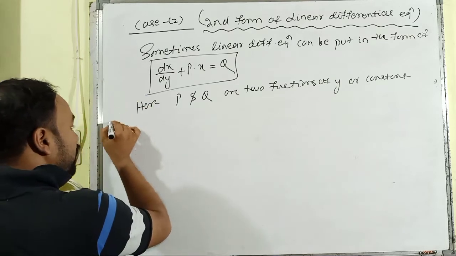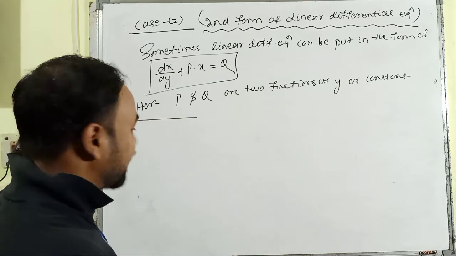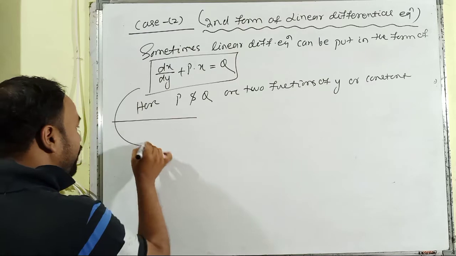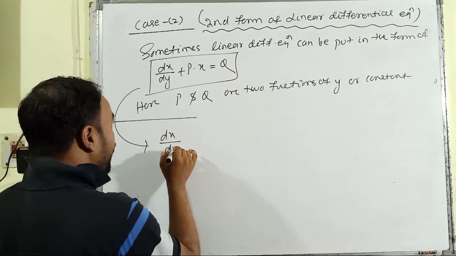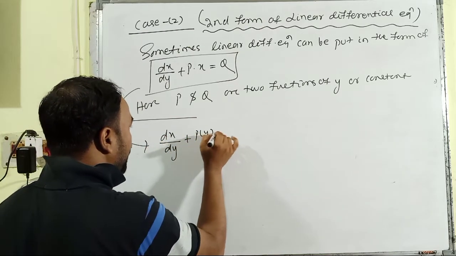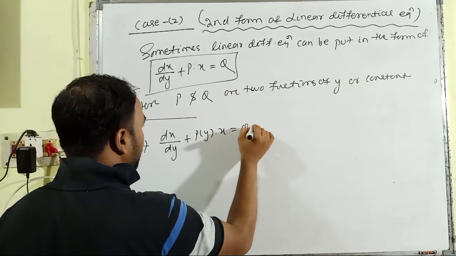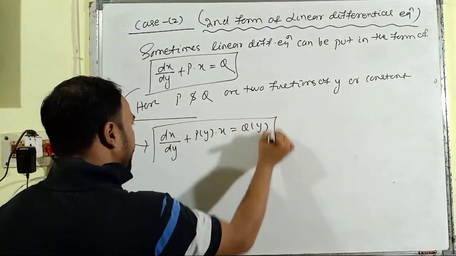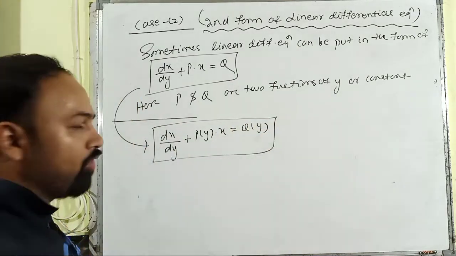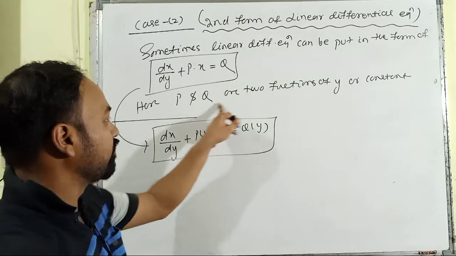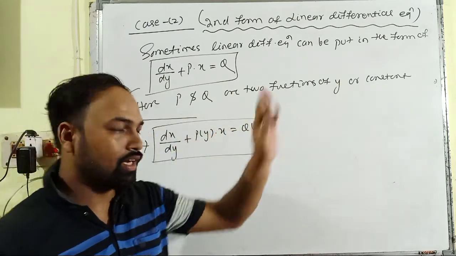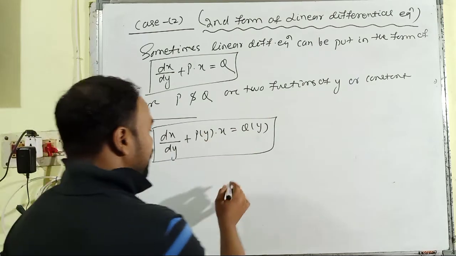Or also, descriptively, we can write down the general form as dx upon dy plus p of y multiplied with x equal to q of y. So if you are going through this general form, you don't need to write down this step. P and q are two functions of y or constants. And this is the second form.